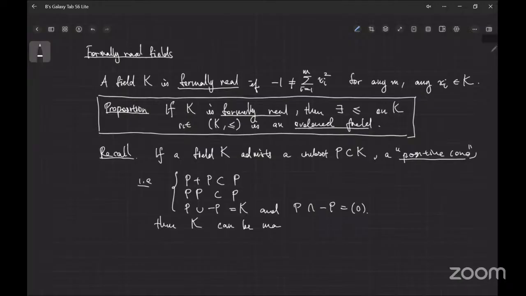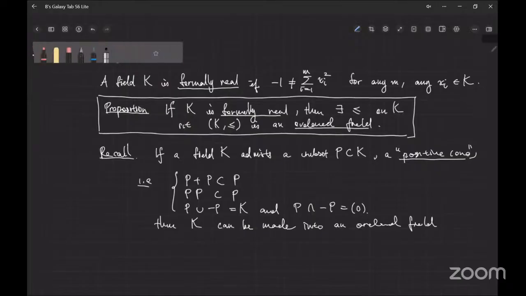So if it admits a subset called a positive cone, which satisfies these three properties, then K can be made into an ordered field. In particular, you just take x less than or equal to y if and only if y minus x is in P. Okay.